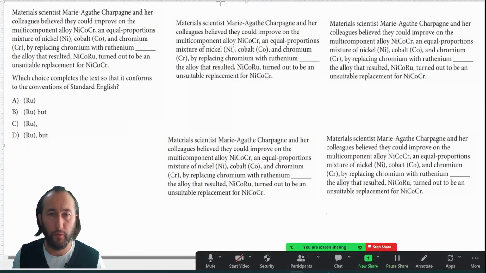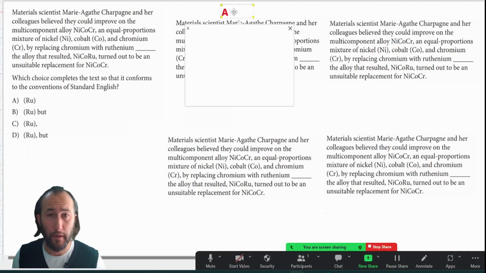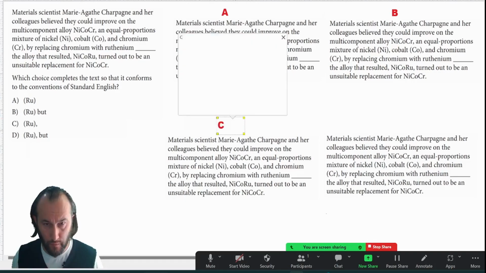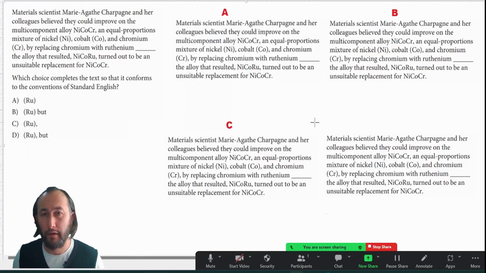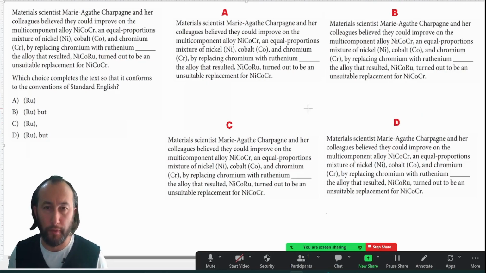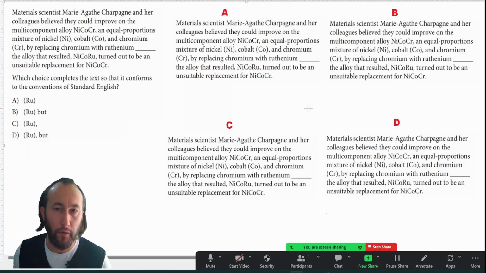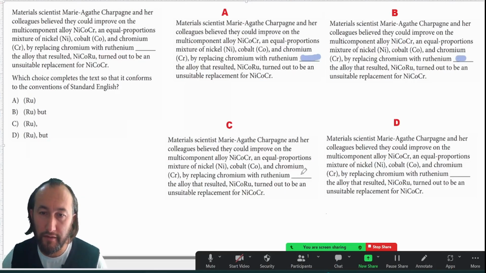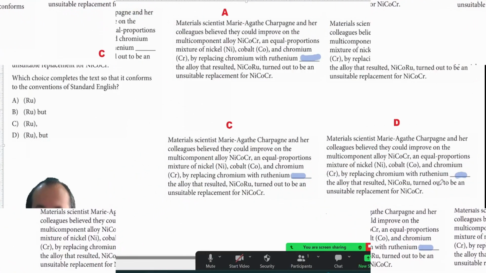For example, the first one is A choice, and this one is B choice, and this one is going to be C choice, and then now we got here D. So now we got 4 copies A, B, C, D, and now we're going to replace these gaps. We got 4 gaps, and we're going to replace them with the right choices.